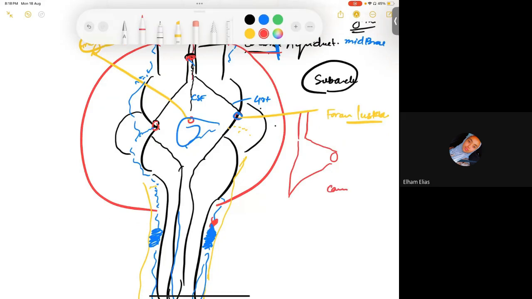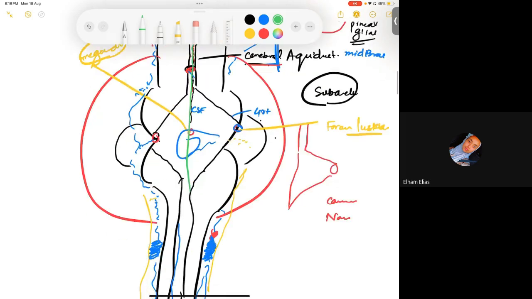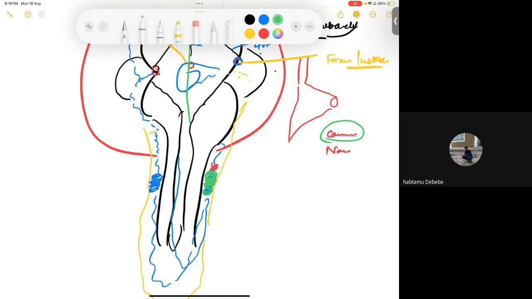So what is communicating hydrocephalus and what is non-communicating hydrocephalus? Let me just make it simple. Whenever all of the ventricular system is in communication with one another and still we have hydrocephalus, that's communicating hydrocephalus. Here you can see the problem: the fibrin is deposited in the subarachnoid space.